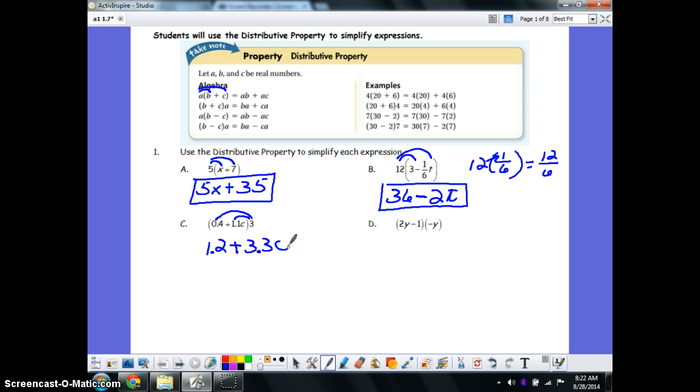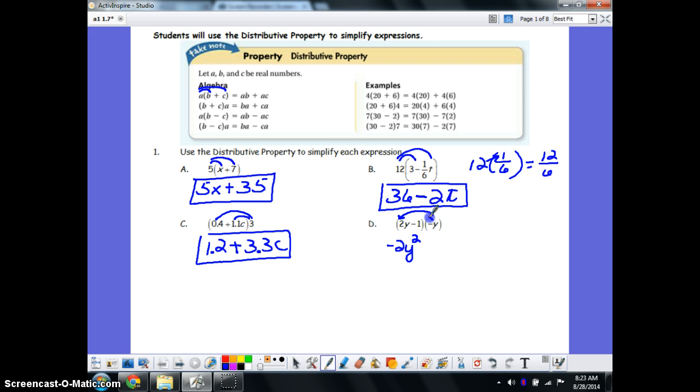And the 3.3c. Now with D, something happens when we distribute this negative y. Negative y times 2y, again, that becomes negative 2. And we're going to have 2 y's there that we multiply, so we're going to have an exponent of 2 there, negative 2y squared.